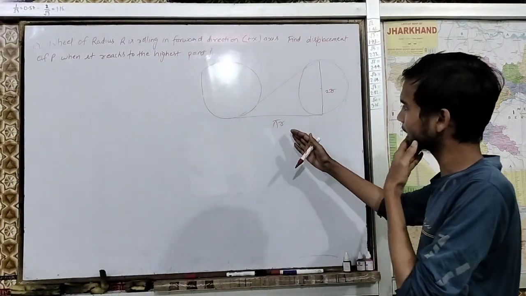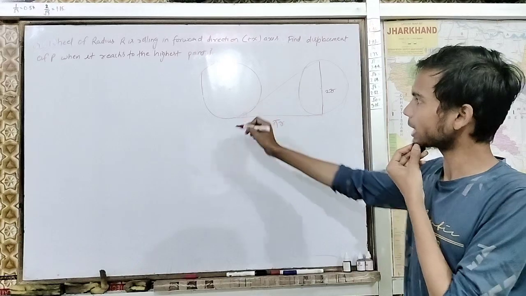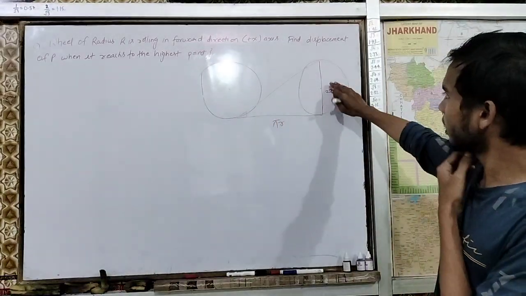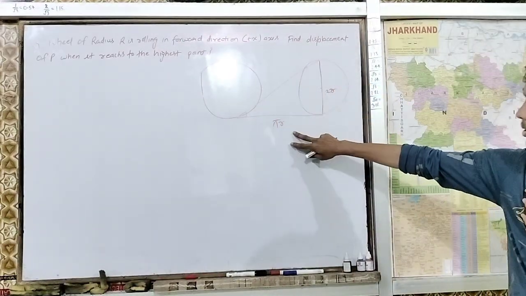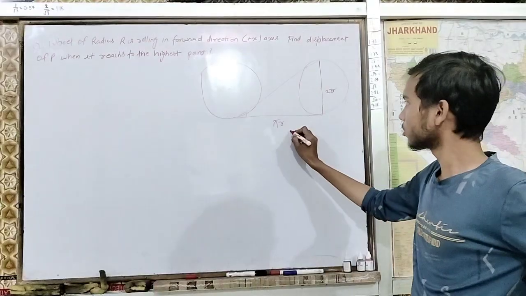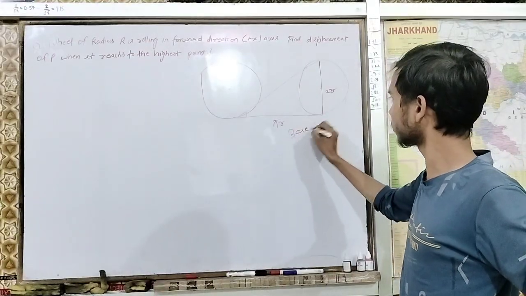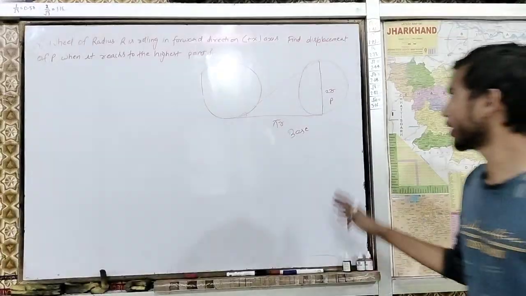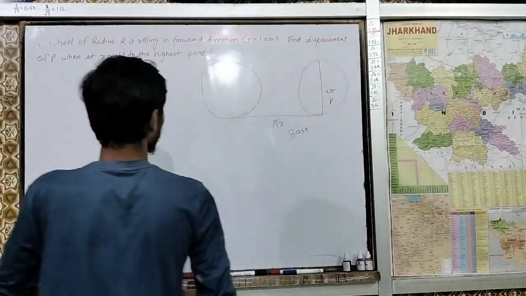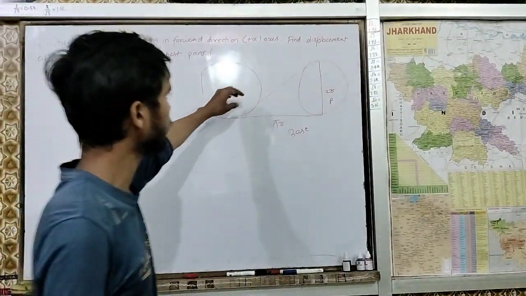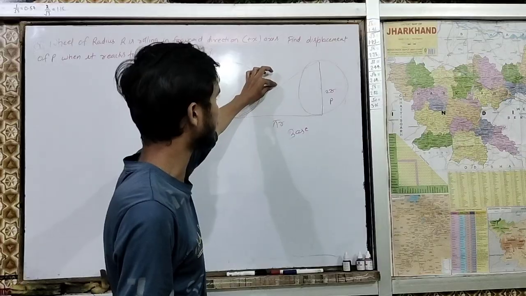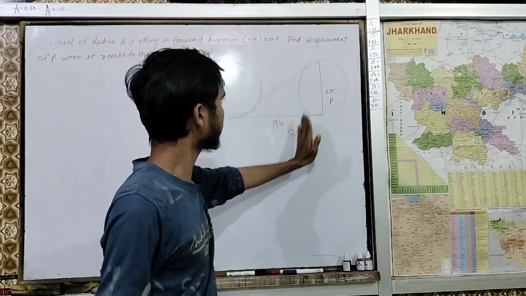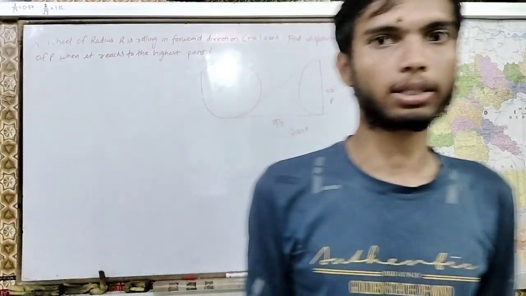So you can see according to this angle, it is our perpendicular and this is our base. Base is pi r and perpendicular is 2r. In that case, we will have to find this displacement. This pi r plus 2r is the complete distance.